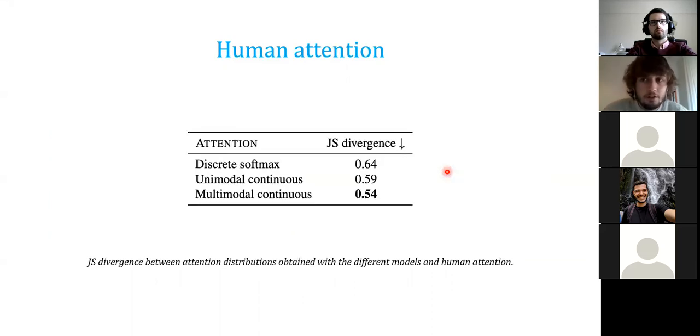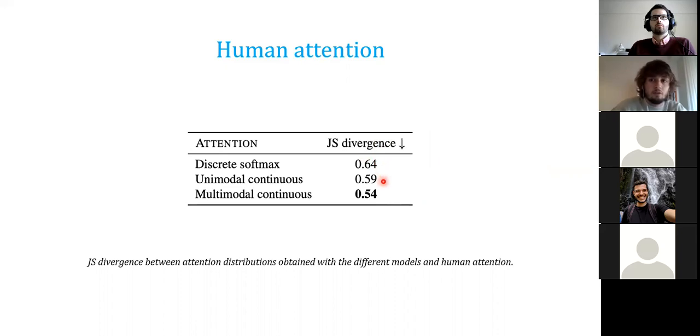To compare the attention distributions with the human attention, we measured the Jensen-Shannon divergence between the distribution generated by the models and the human attention. And the results in this table show that the attention distributions obtained with multimodal models are more similar to human attention than the ones obtained with discrete attention.